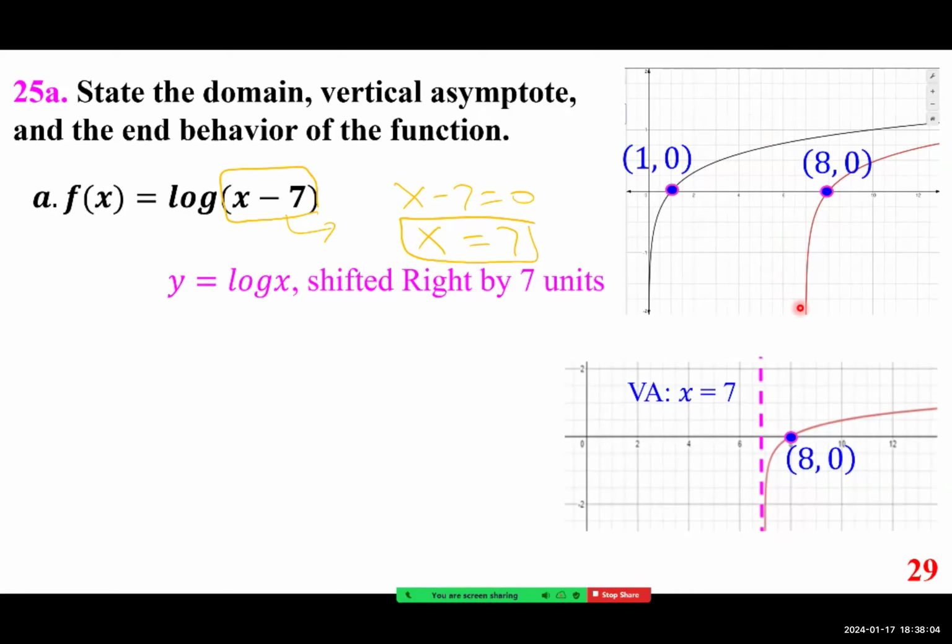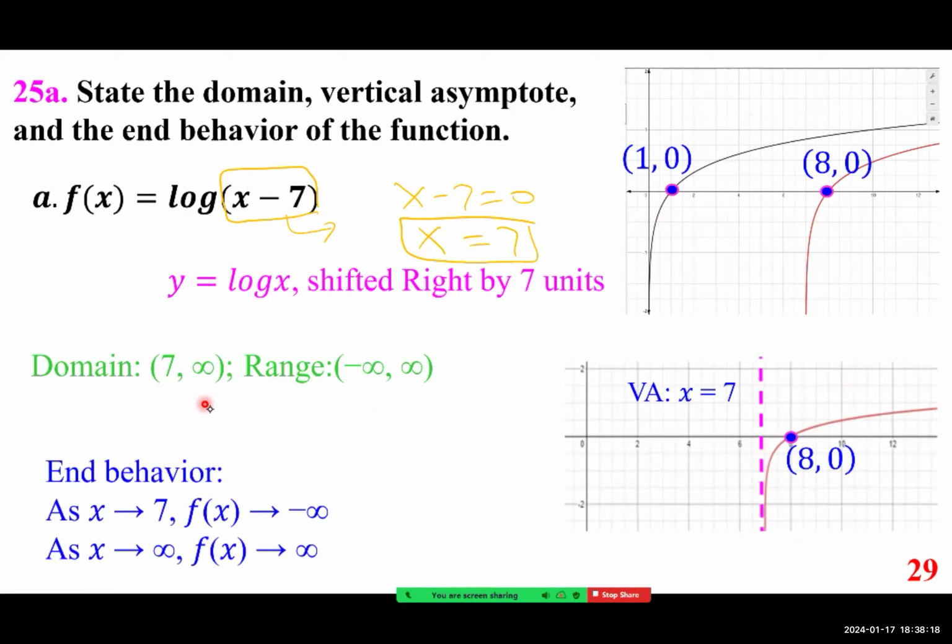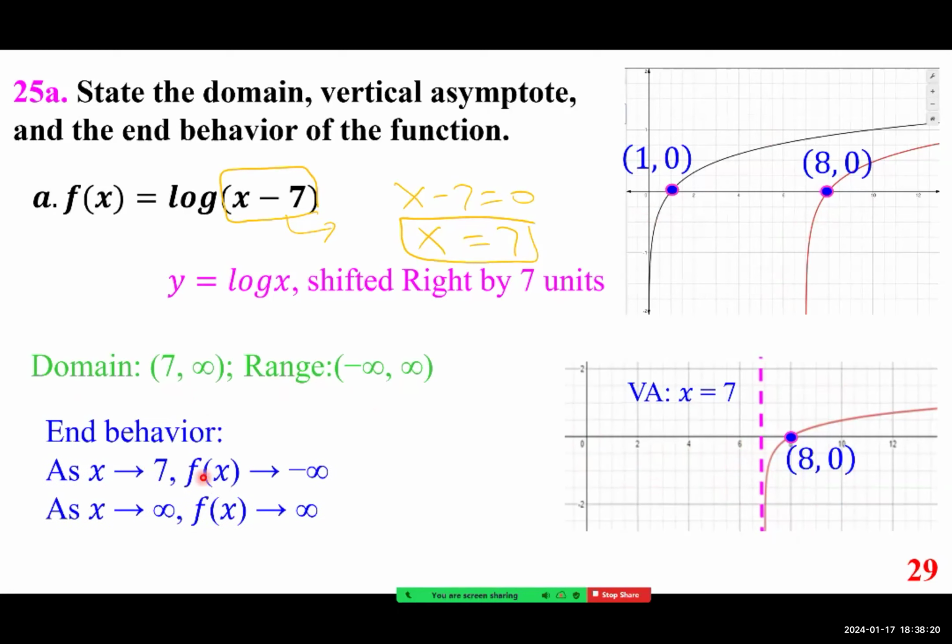So domain is 7 to infinity. Range is all real numbers, negative to positive infinity. The range hasn't changed, but the domain has changed from 0 to infinity now to 7 to infinity. And the end behavior is as x goes to 7, f of x goes down to negative infinity. In this case, as x goes to 0, it goes to negative infinity. And as x goes to infinity in both cases, y goes to infinity also.